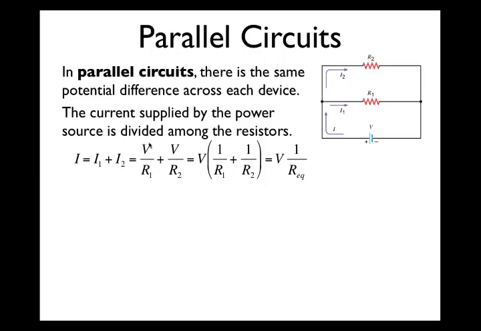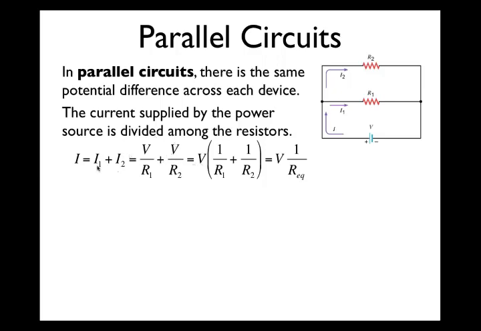And V is, again, the potential difference of the battery, but that's the same as the potential difference we measure across each resistor. The current through R2 is equal to the potential difference across R2 divided by the resistance of resistor 2. The V's are the same in each thing, so those can get factored out.